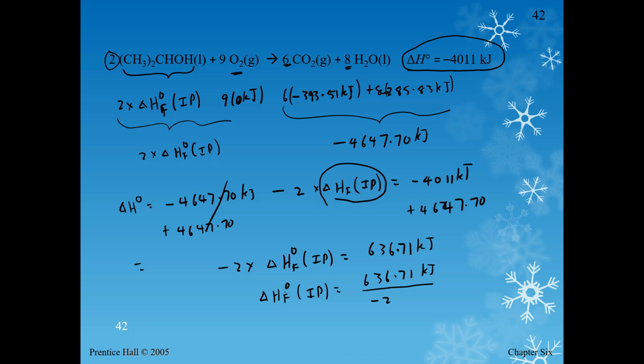So when I divide that by minus 2, the answer I got is minus 318. Let me write that down here. Minus 318.36 kilojoules. And that's basically how that is done.